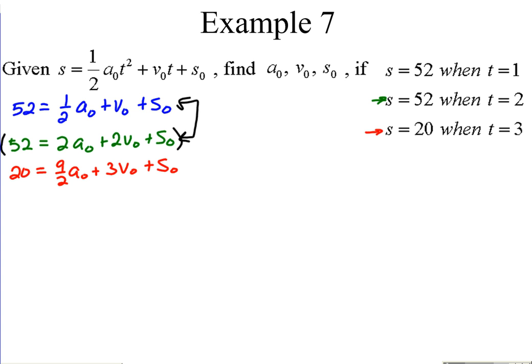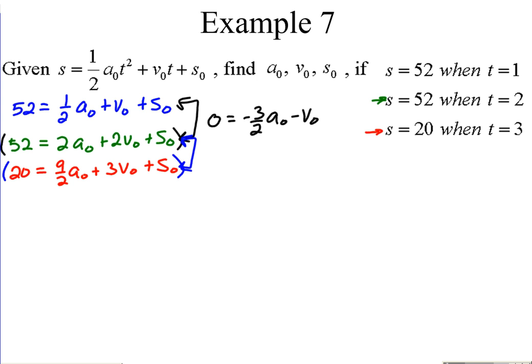So I'm going to get 52 minus 52 is 0. 1/2 minus 2 is negative 3/2 a of 0. V of 0 minus 2v of 0 is negative v of 0, and the s of 0 is canceled. I'm going to do the same thing here now with these bottom 2 equations. I'm going to take the second equation and subtract off this third equation.